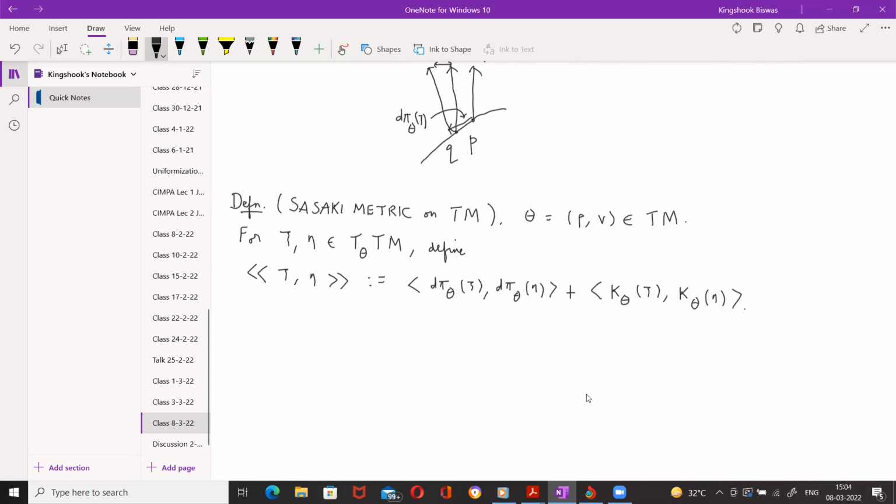So it's clear that this is bilinear in xi and eta, right? Because these d pi theta and k theta are linear maps. And this satisfies positivity, right?